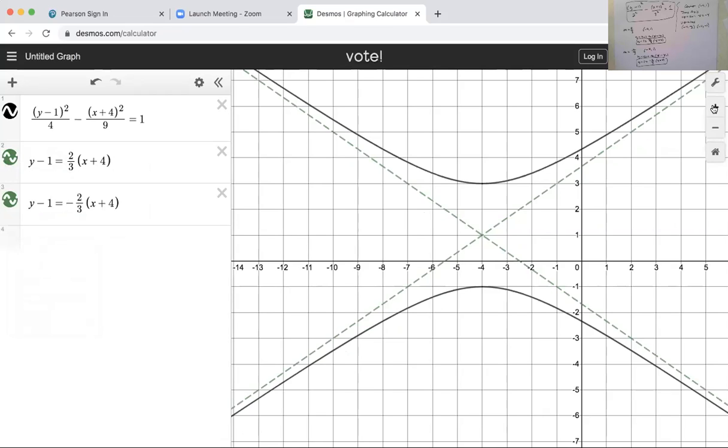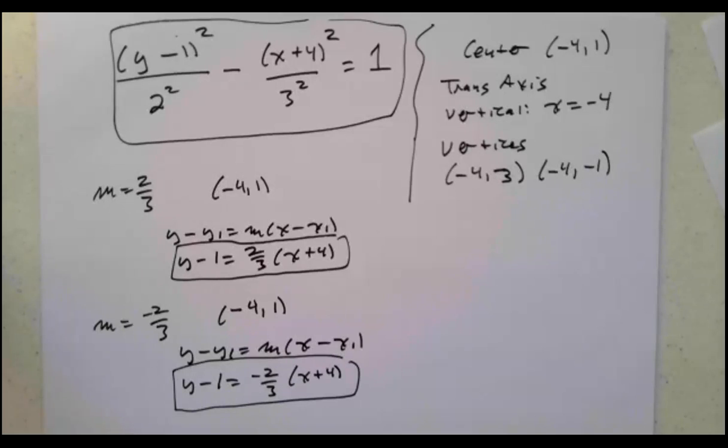What's the last thing that I need here? I need to determine the foci. Remember, the hyperbola envelops the focus. So it's up here somewhere on the transverse axis, and it's down here somewhere on the transverse axis. We want to see that. So what do we know?